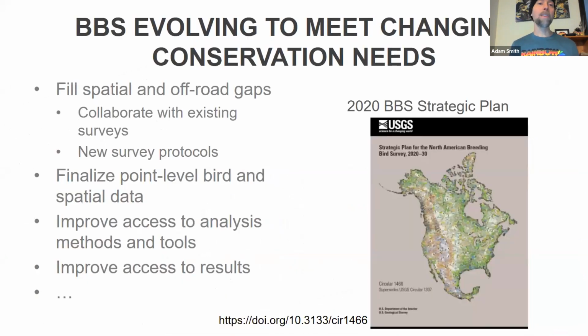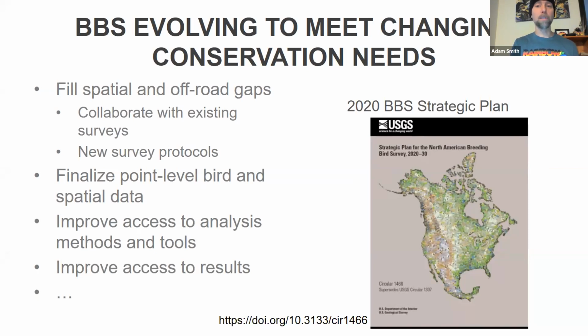On top of that, we're also at a point where the North American Breeding Bird Survey has just undergone a reimagining, a strategic plan to map out the next 5 to 10 years for the BBS, and to think of ways to evolve to meet the changing conservation needs of the bird conservation community. There are some really neat things in this report.